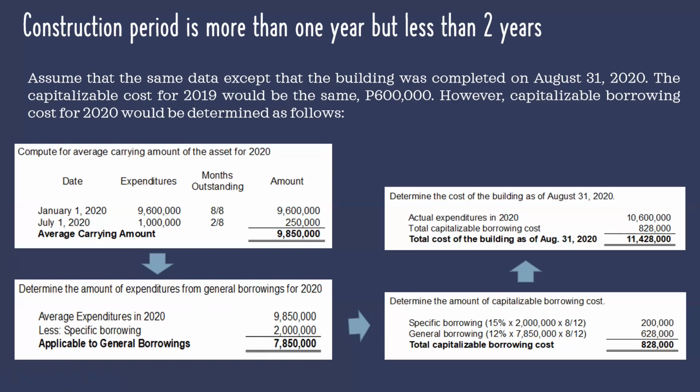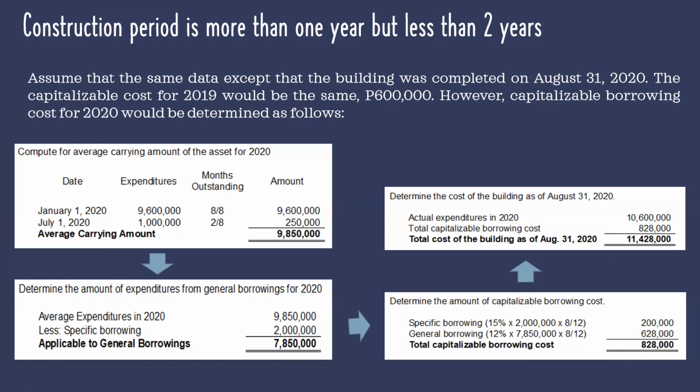So from then, we can compute now our capitalizable borrowing cost. So for the specific borrowing, so you have only 200,000 as compared to 300,000 kanina. So saan ba nagka-differ? No? Saan ba ang difference? So ang difference ay nandito no sa iyong time period. So since 8 months lang naman, no, until 8 months lang no, nakumpleto na yung construction.